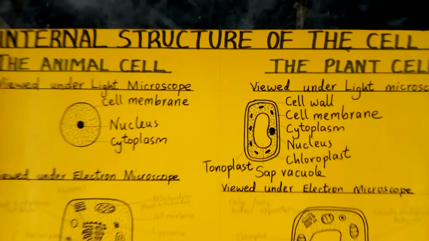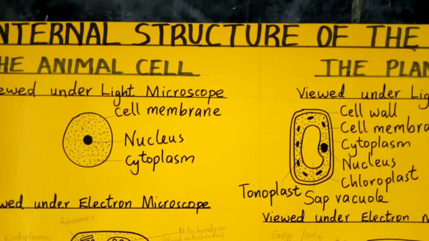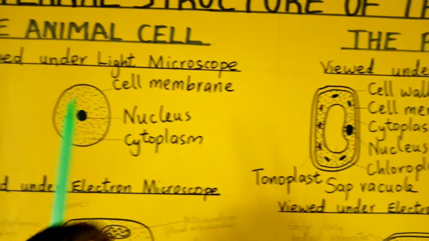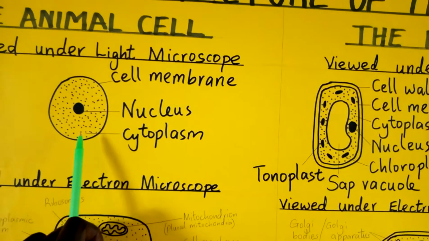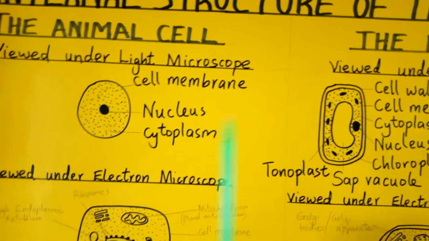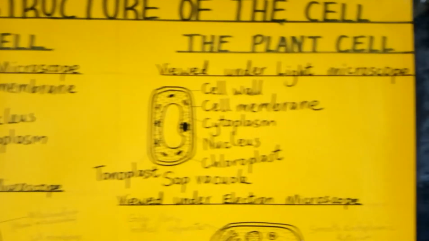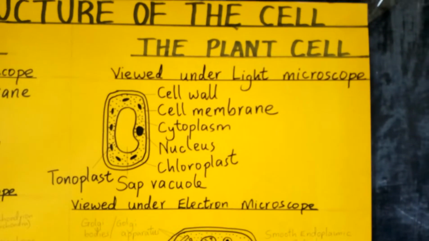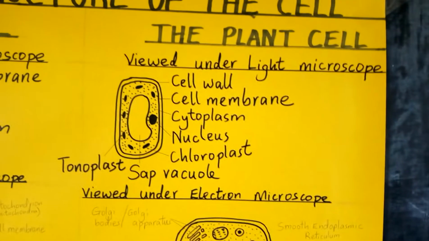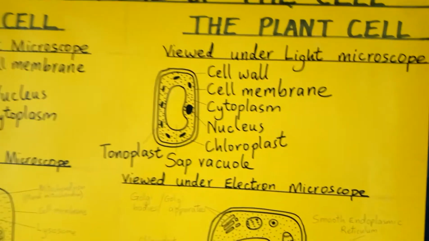When you look at these first two cells, this one is an animal cell seen under the light microscope, while this one over here is the plant cell as seen under the light microscope. I want us to start comparing these two.